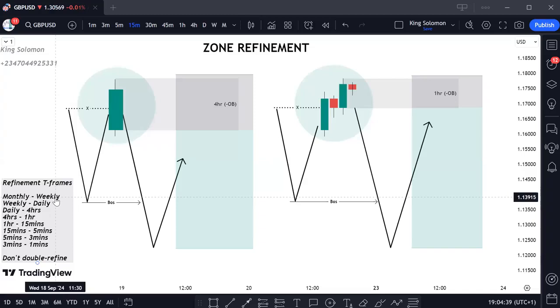But if you follow this neat procedure in refining your zones, it's not only going to let you not miss many trades, it's also going to help you with proper and valid lower time frame confirmations.